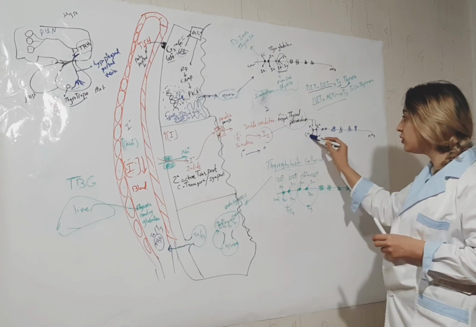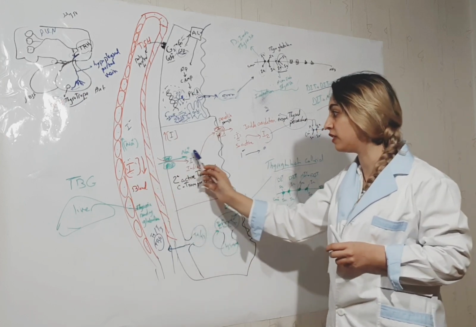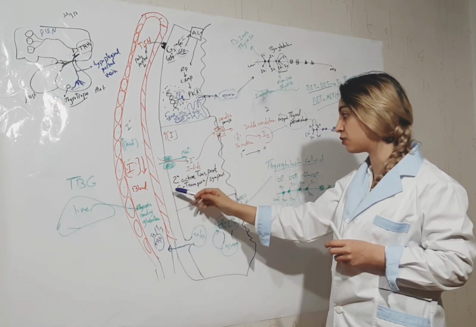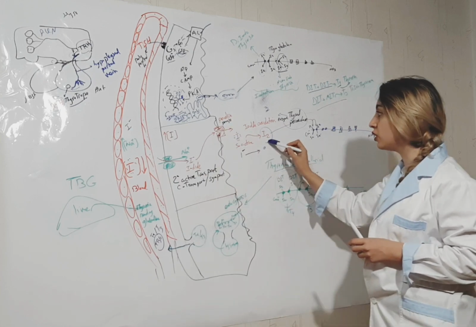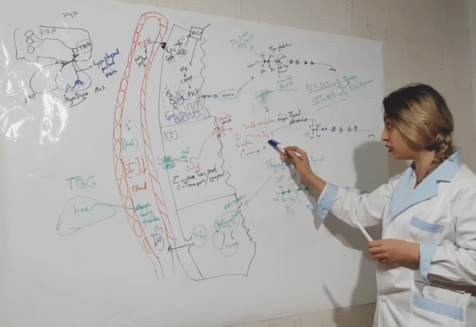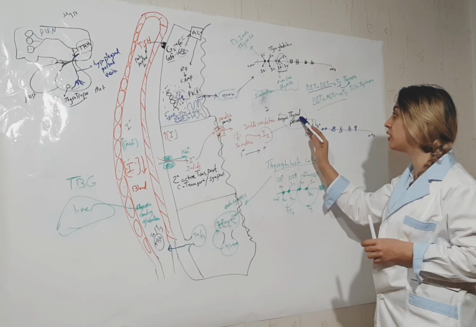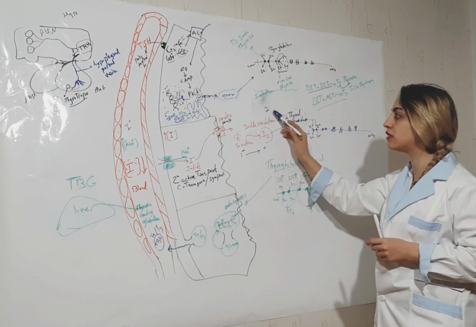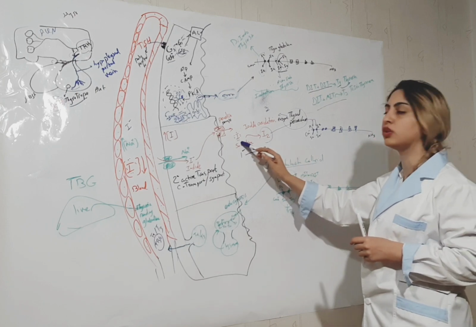It doesn't have iodine, so iodide must first be brought in here by co-transport or symport and through the pendrin pump. Then the iodide must become iodine, and there is another enzyme in here, which is thyroid peroxidase. It does 3 jobs. One of the jobs is making iodine out of iodide.